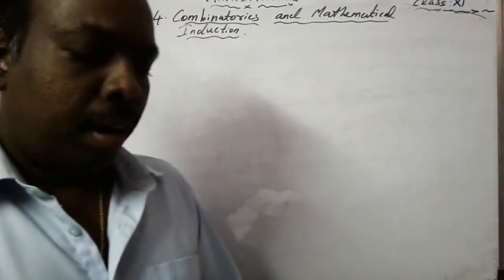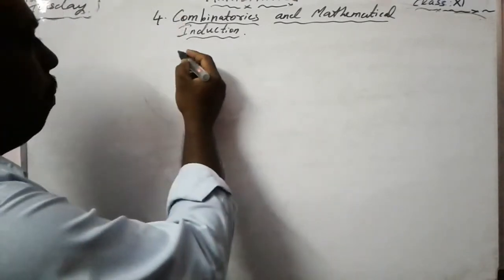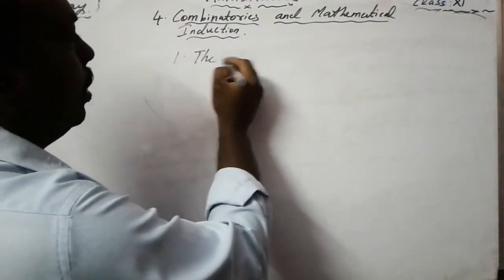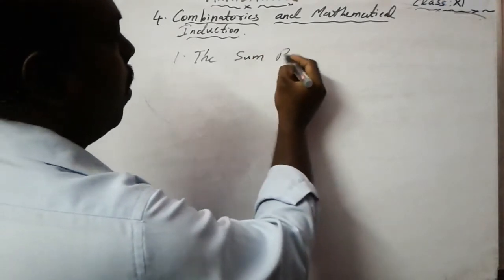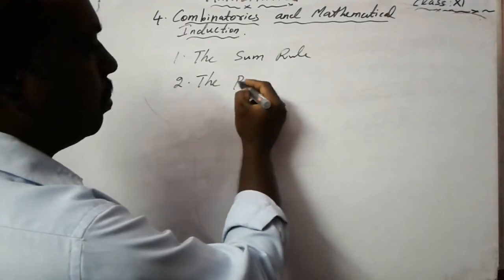So there are some fundamental principles of counting. First fundamental is the sum rule. Second one, the product rule.